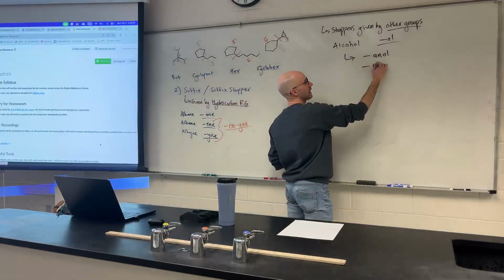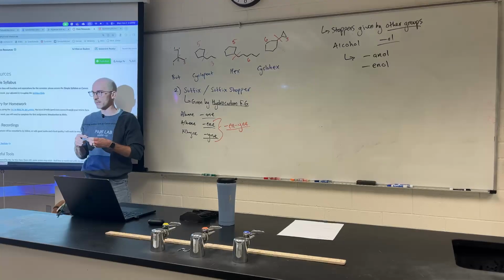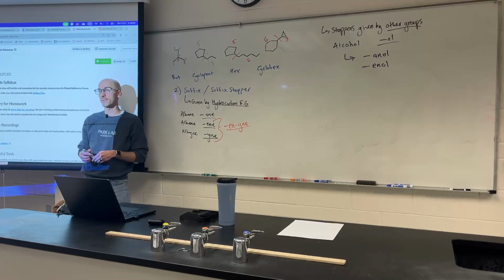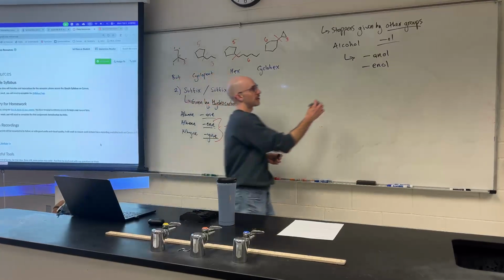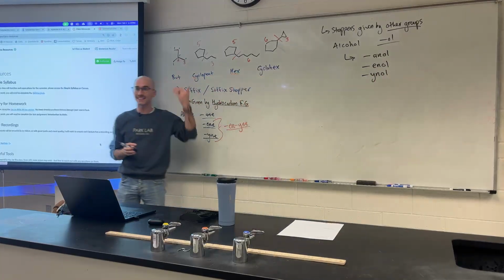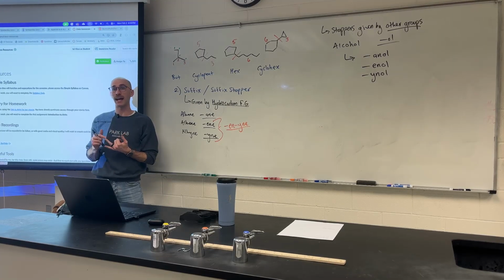We have -enol, which you guys will actually notice on your functional group table is a functional group in and of itself. An alcohol bonded to an alkene is referred to as an enol, and that's how the compound is named. You can have an -ynol. Notice how the last E in all of these cases is just being dropped. So what if your compound has an alkene functional group, an alkyne functional group, and an alcohol functional group?